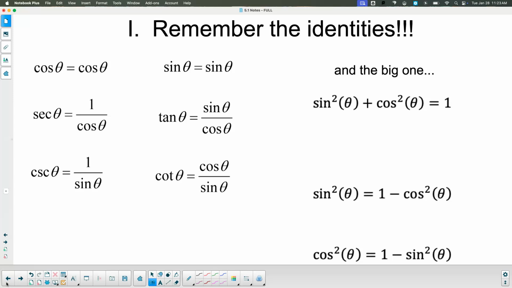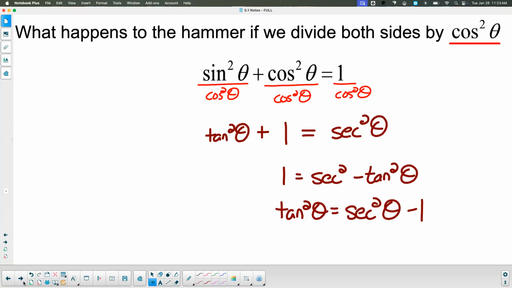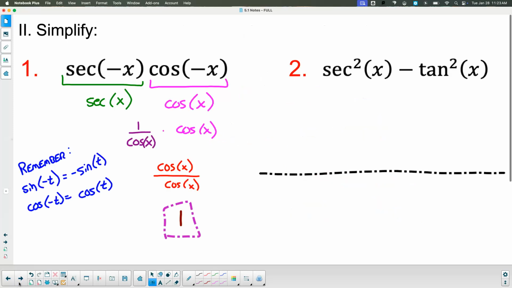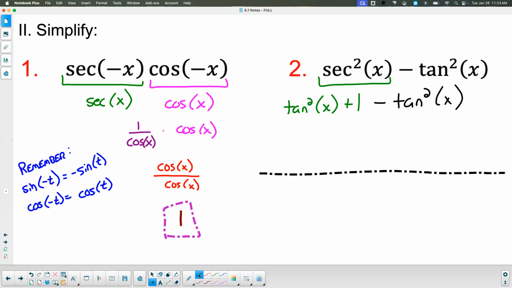That should be your ding-a-ling-a-ling saying, okay, I've got secant squared. Secant squared is the same as tangent squared plus 1. So if I take this here, then that becomes tangent squared of x plus 1. And then I still have this minus tangent squared.